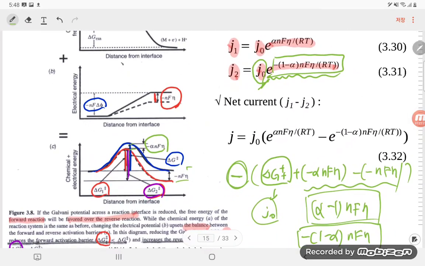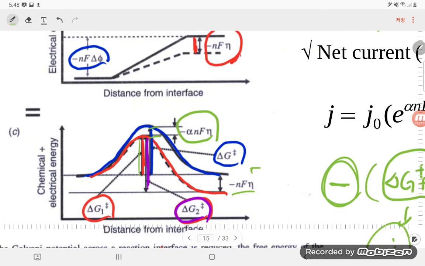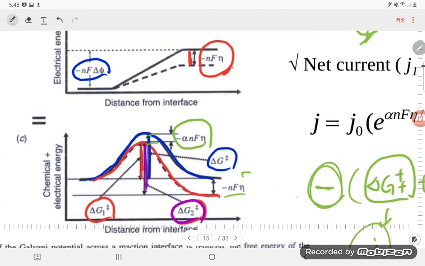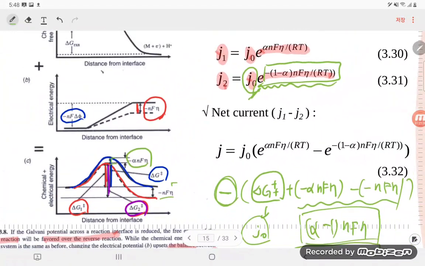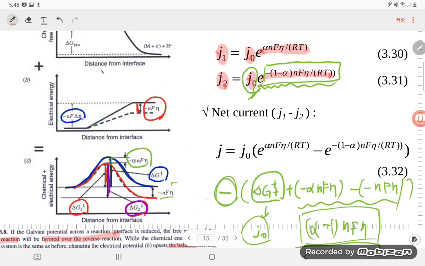And how about this one? From this blue, the activation barrier changes to this red one. Then from this state, the change of the activation barrier is just alpha NF eta. So in the forward direction, this alpha NF eta is expressed in here.